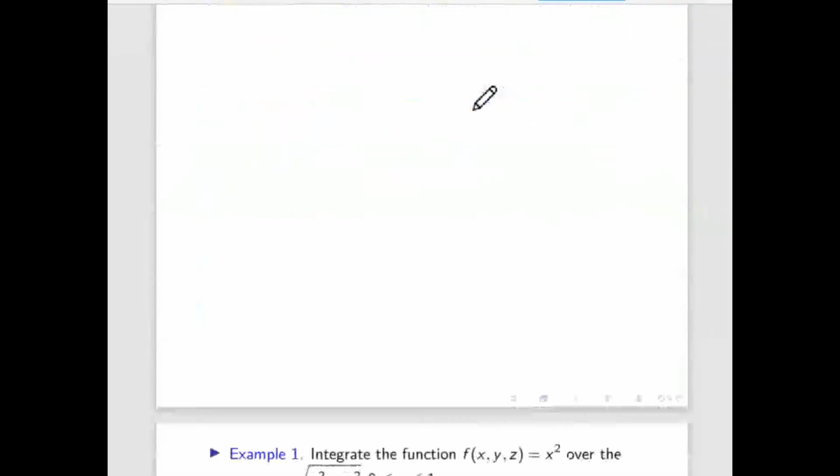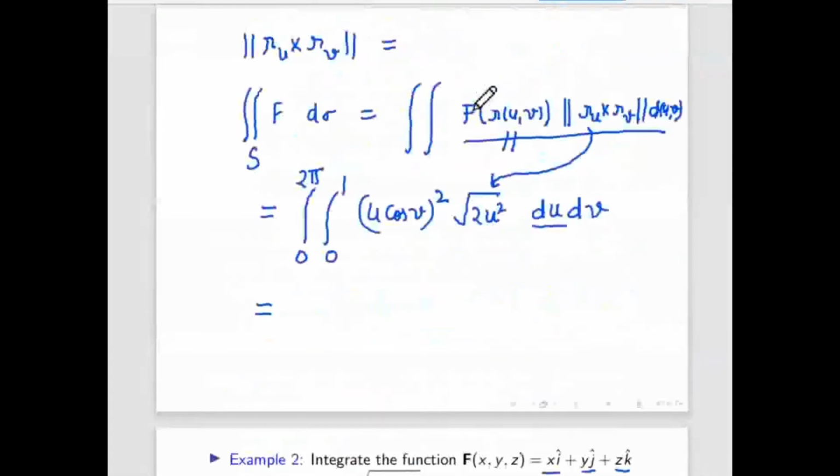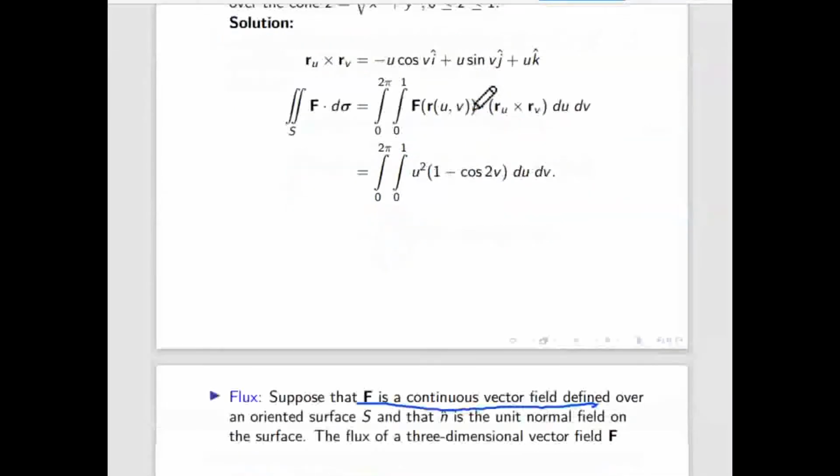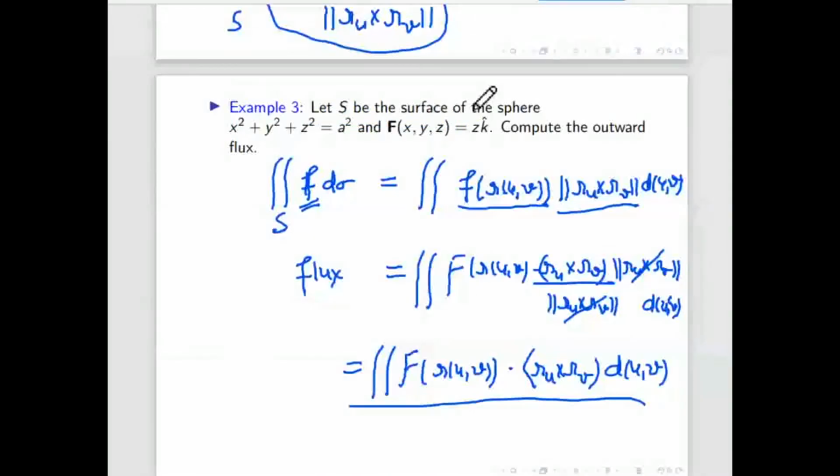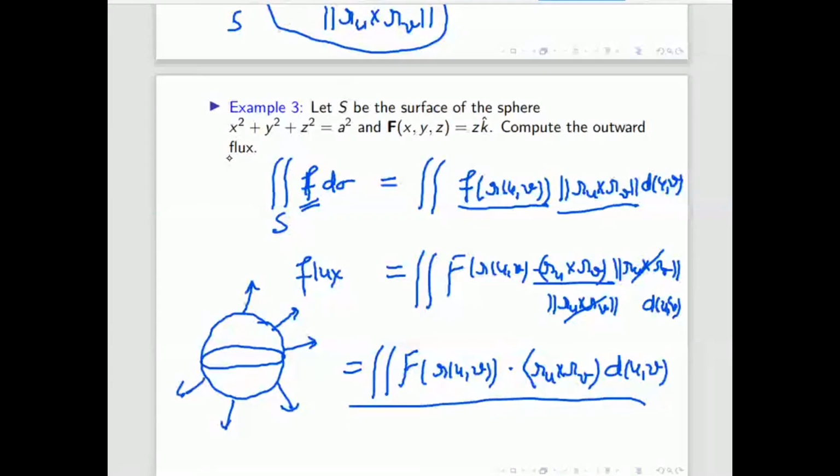Now we'll do one example of flux. In this question, S is the surface of a sphere and F is z k cap. Compute the outward flux. That means the normal direction will be outward from the surface, not inside it. If this is the sphere, then the normal to the surface will point outside.